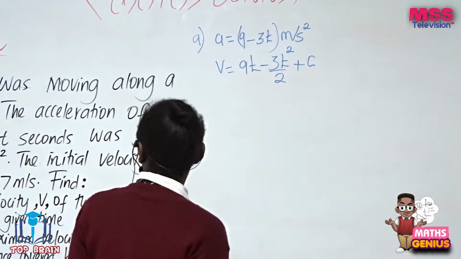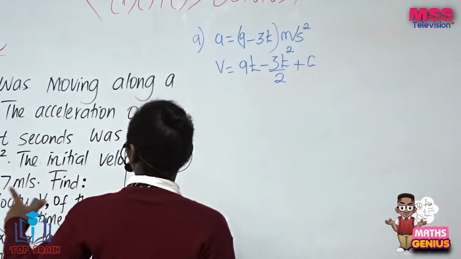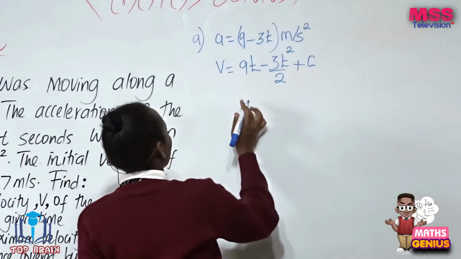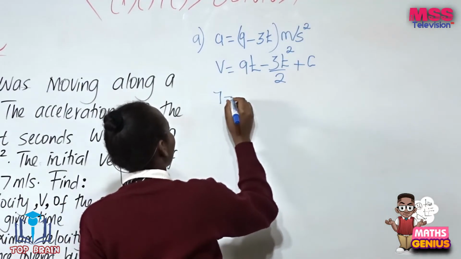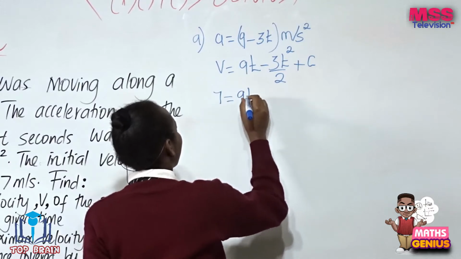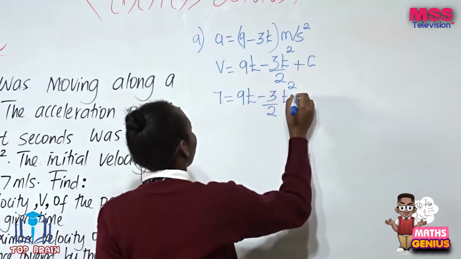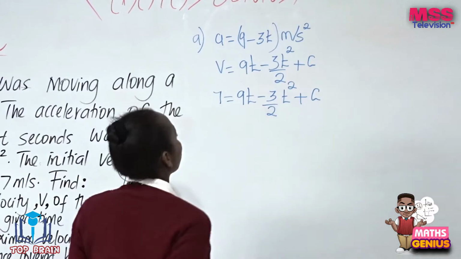And we are told that the initial velocity of the particle was 7 meters per second. So we replace: 7 is equal to 9t minus 3 over 2 t squared plus the constant, which we don't know.